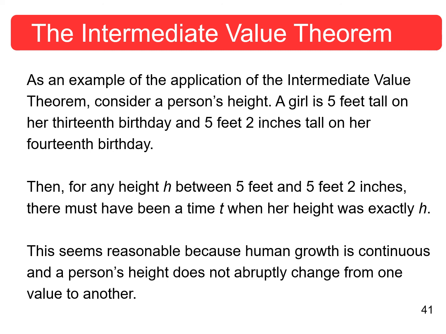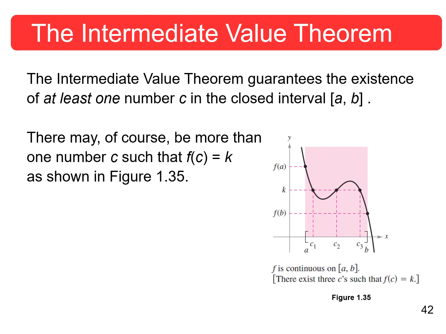It seems reasonable because human growth is continuous and a person's height does not abruptly change from one value to another. The intermediate value theorem guarantees the existence of at least one number c in the closed interval [a, b].